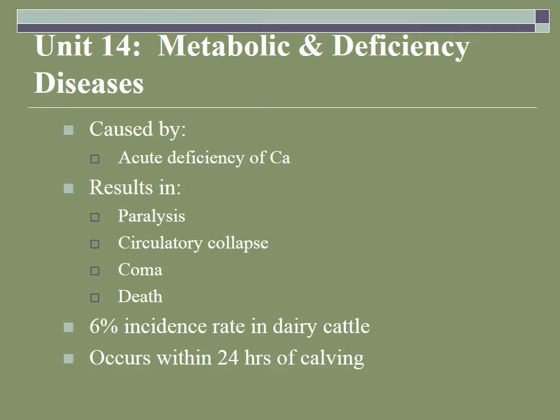If you reach down and feel their ears, very often they are a little bit cold to the touch, which is not normal. What they do is start shutting down blood flow to the extremities, trying to save the internal organs because of this acute deficiency of calcium.